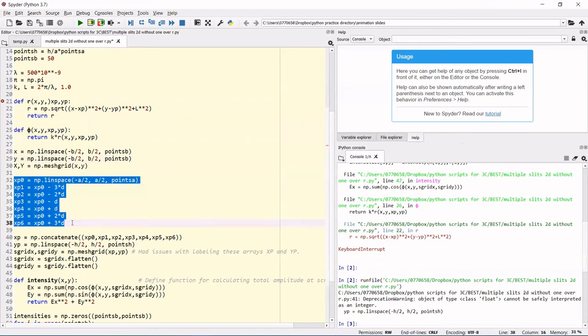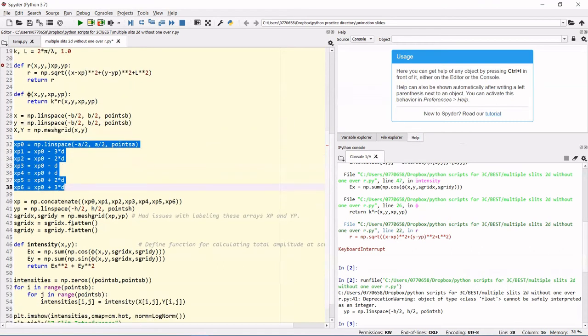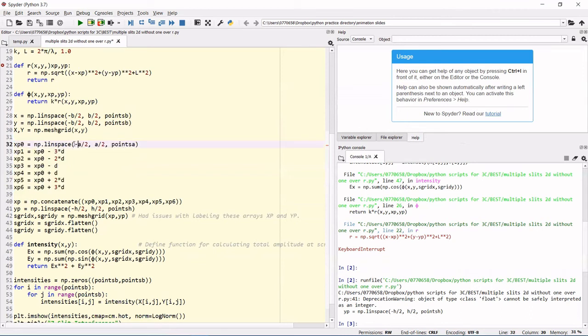And then down here, I have to create the slits themselves. So this is all about creating a separate grid of points for the slits. You can see, remember, lowercase a was the width of each slit. So here I'm creating the pixels that go across the width of one slit.